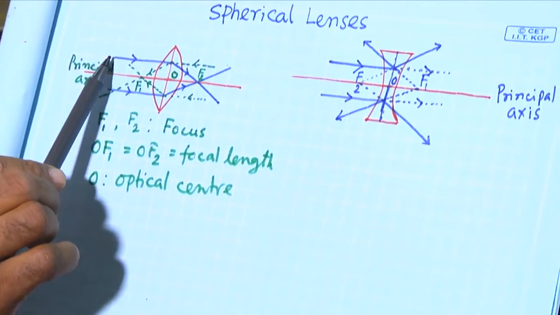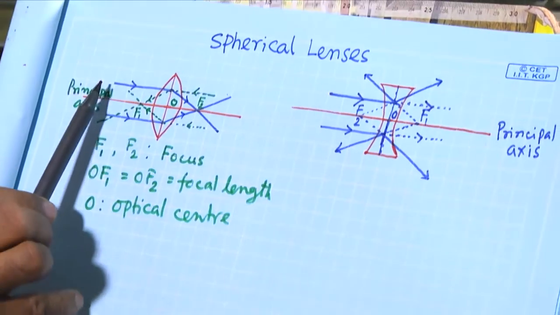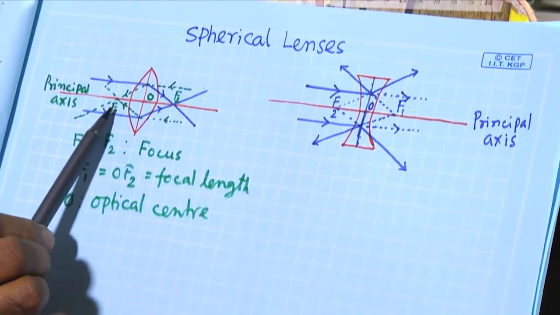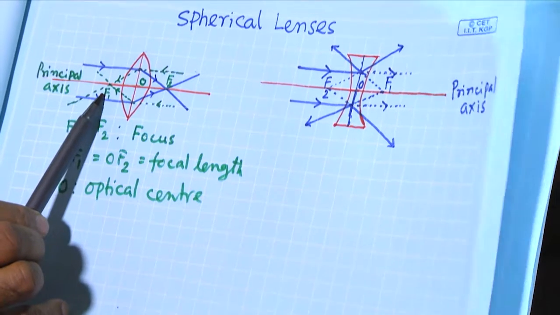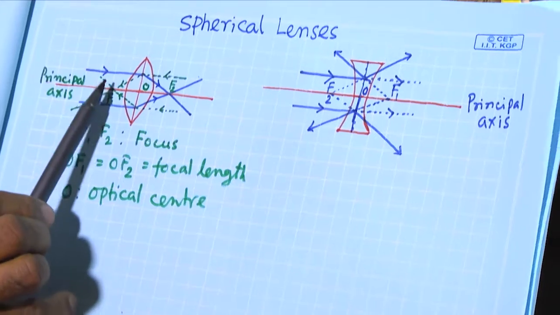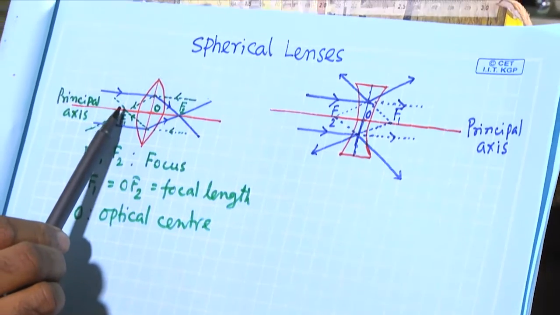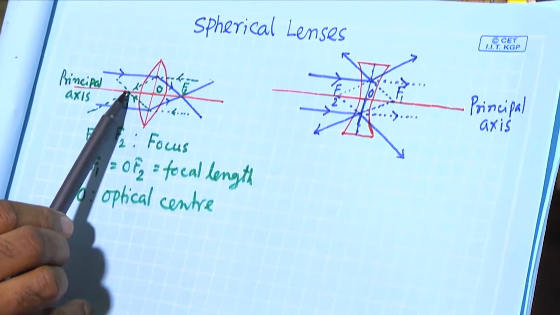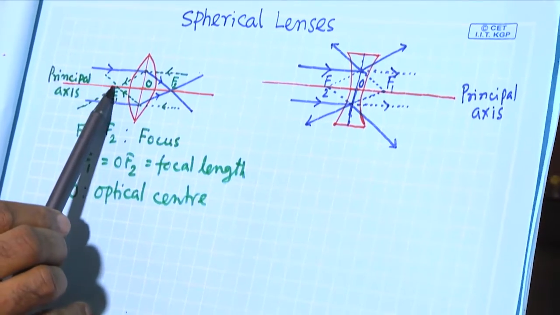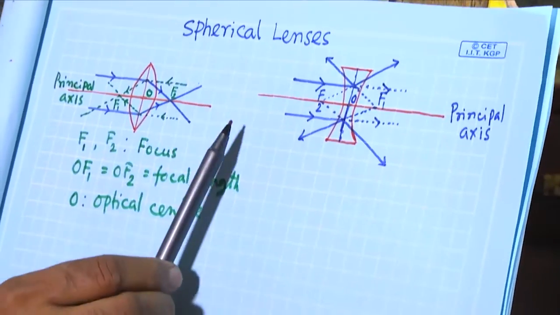The primary focal length, f1, is the one where, if you put a light source at the focal point, you can generate parallel rays.